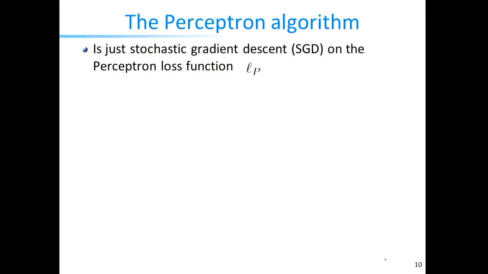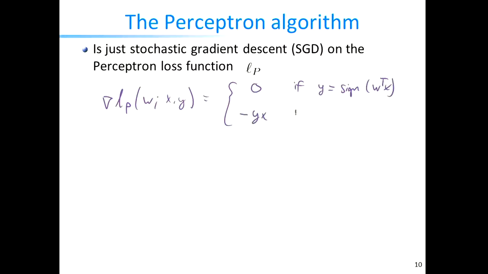As we had said, the gradient of the perceptron loss at some point (x, y) is 0 if correctly classified, so basically if y is the sign of w transpose x, and minus yx if incorrect.